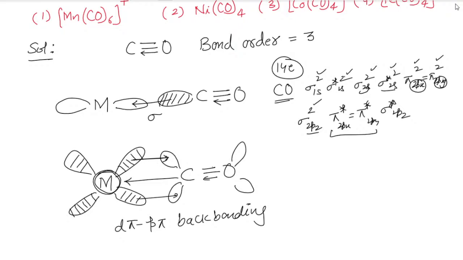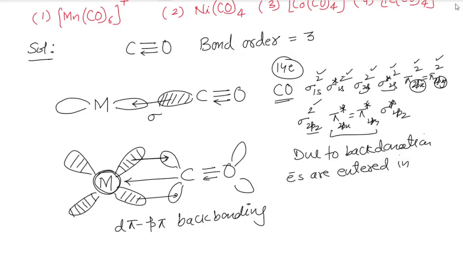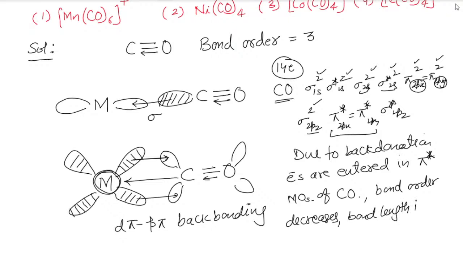Anyhow, see, due to back donation, what happened? Electrons are entered in the pi star orbitals of CO. So when electrons enter the pi star orbital, bond order decreases and bond length increases.